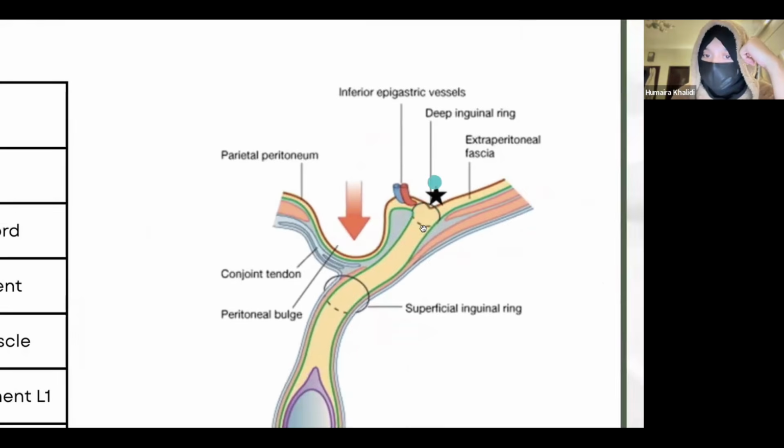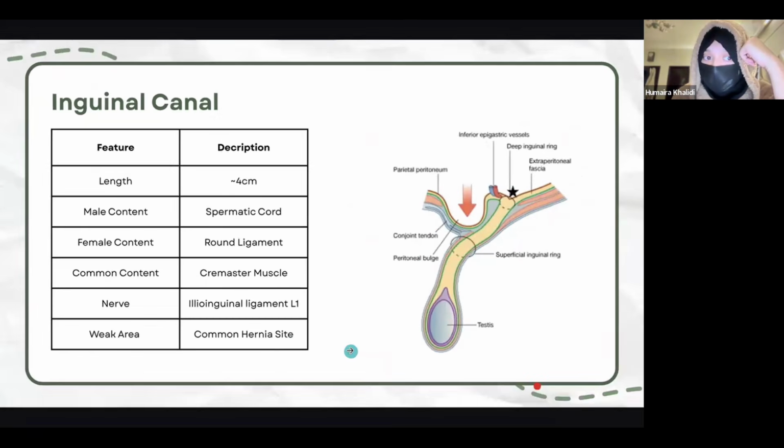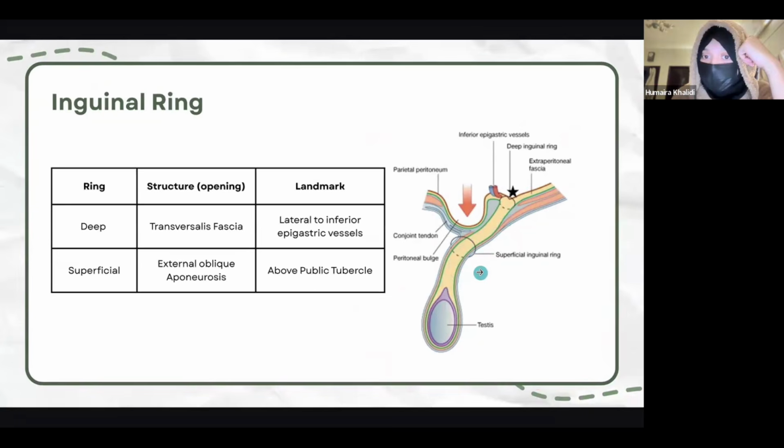You just need to know that this is the deep inguinal ring and this is the superficial inguinal ring. What passes through? L1, the spermatic cord, and the round ligament. The deep inguinal ring opens in the transversalis fascia. You need to know this.